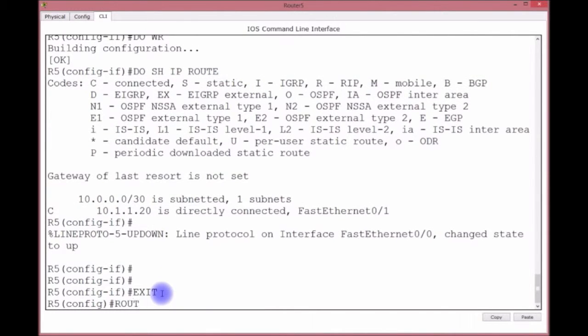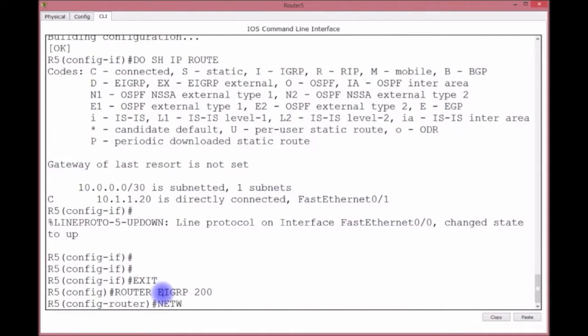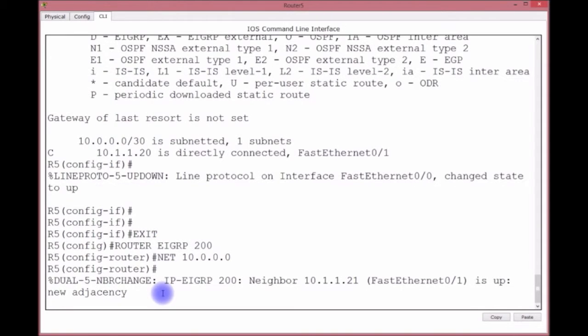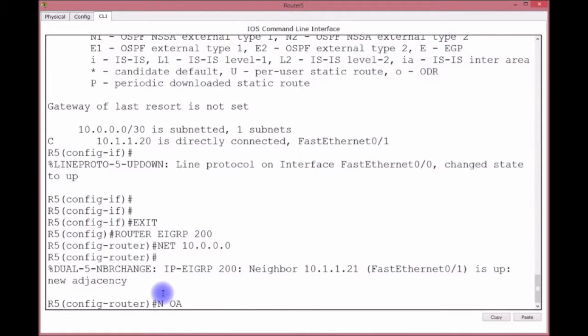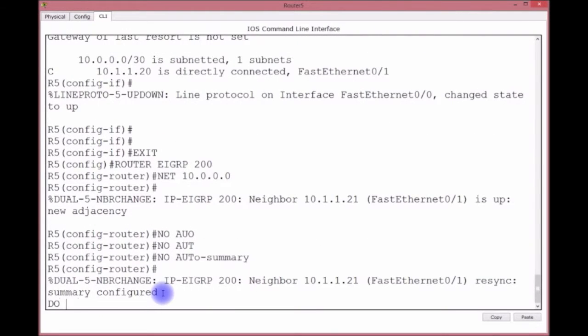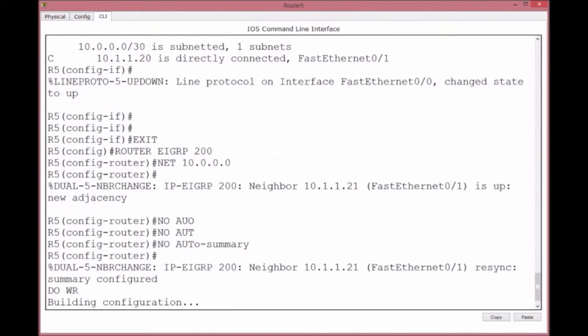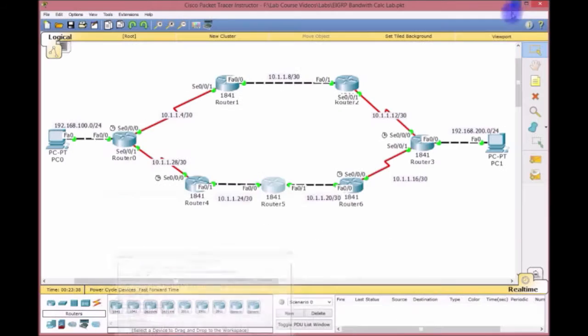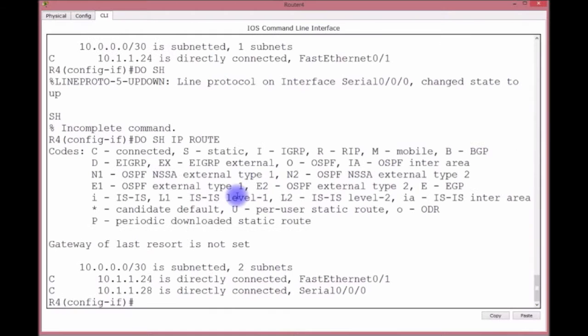Router EIGRP 200 net 10.0.0.0. Oops. No auto-summary. Wow. Talk about abbreviating. All right. Do WR. And then, all right.